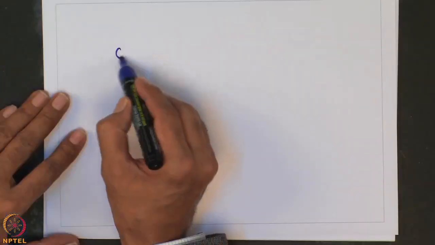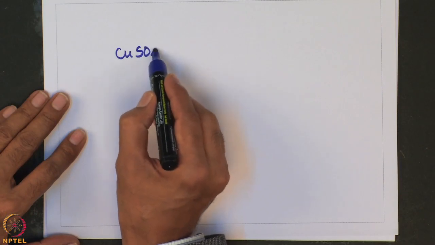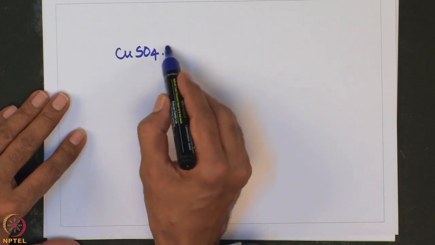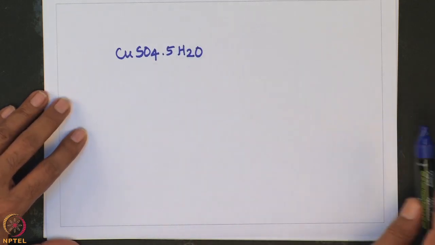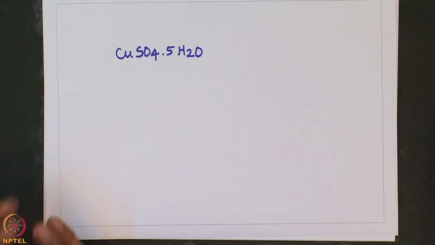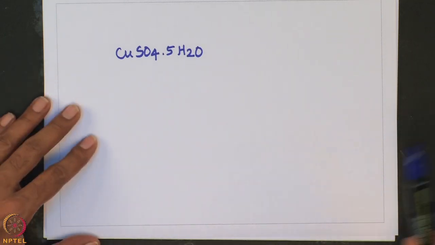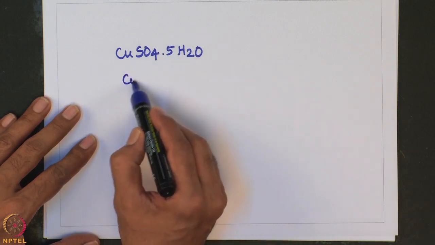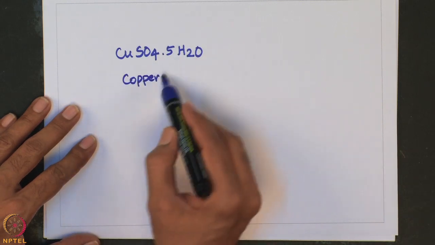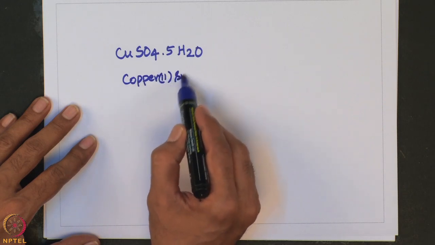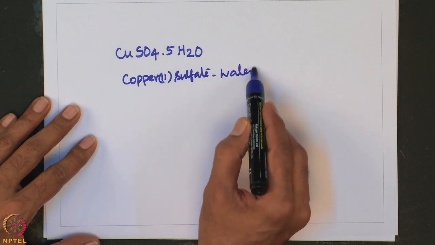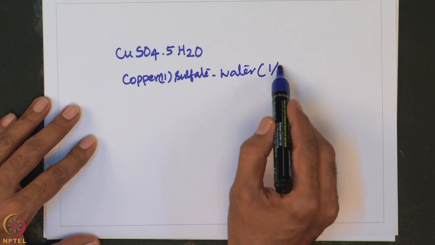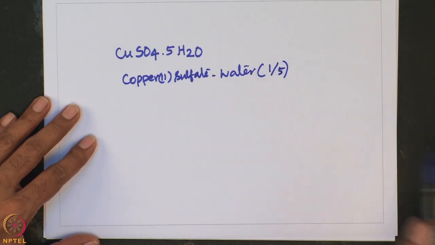For example, if you look at copper sulphate, often we come across the formula written in this fashion, or it can also be pronounced as copper(II) sulphate pentahydrate, or one can also write it this way, so it represents the ratio 1:5.